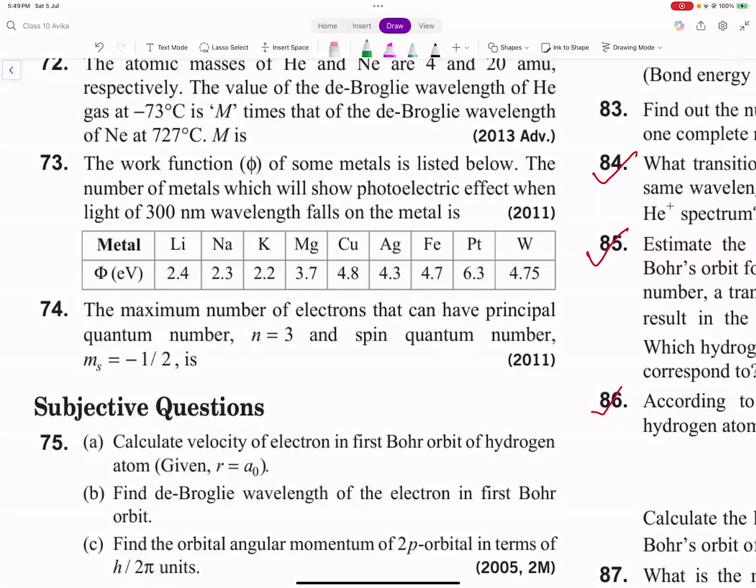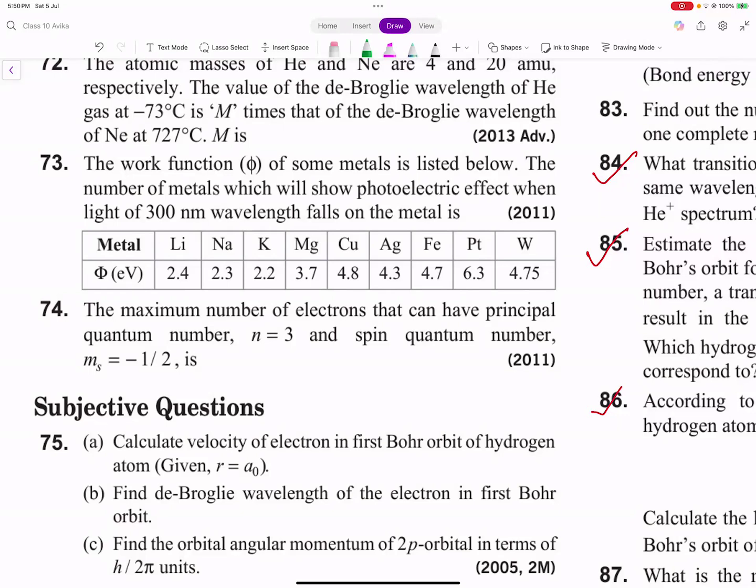Is there 5 metals? I don't know. Wait, I forgot to convert to electron volt. You're getting 5, huh? Let's check again. First check what is the energy of this.